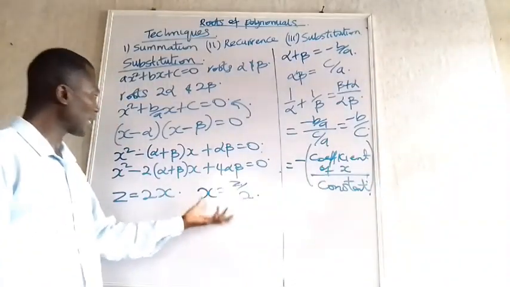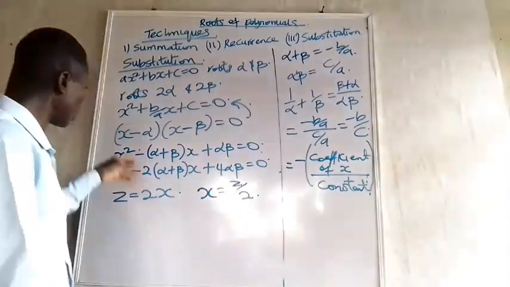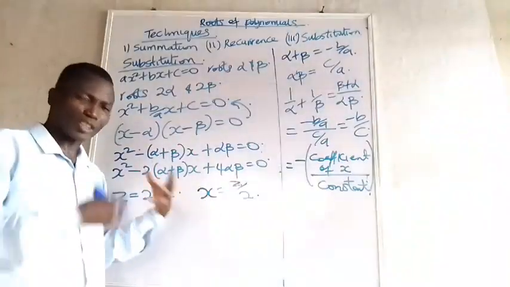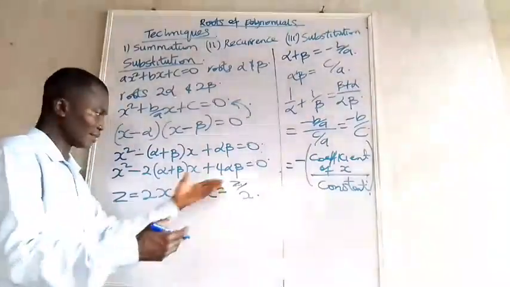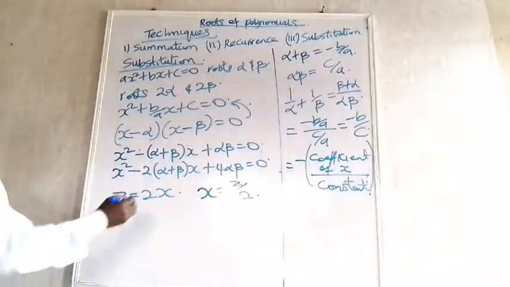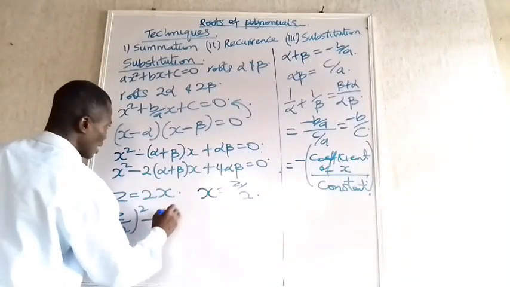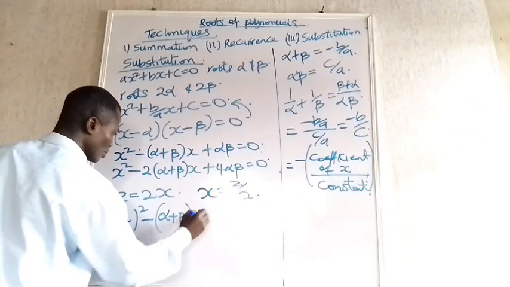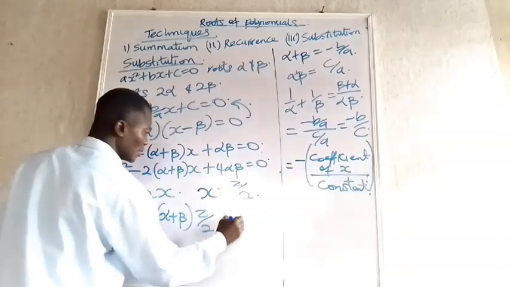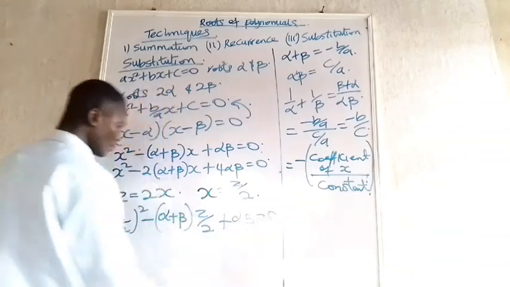So we will now put this z over 2 into this equation as a substitution for x. Now it's going to be like this: (z over 2) squared minus (alpha plus beta) times z over 2 plus alpha beta. So what do we have?